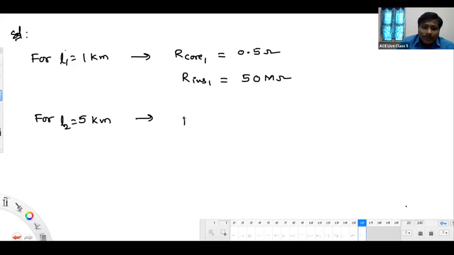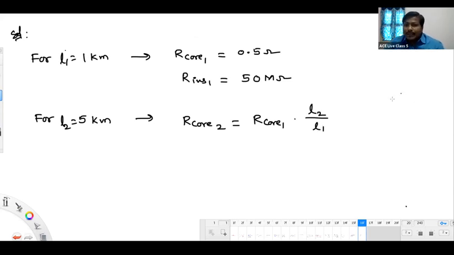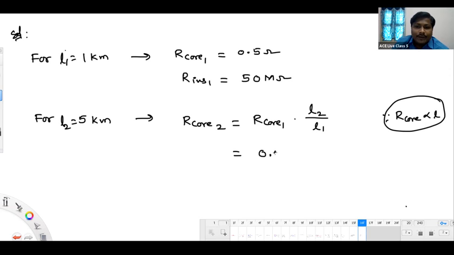R core is proportional to the length of the cable. So R core 2 equals R core 1 into L2 by L1. R core 1 is 0.5 and L2 by L1 is 5, so it will be 2.5 ohms as the core resistance.